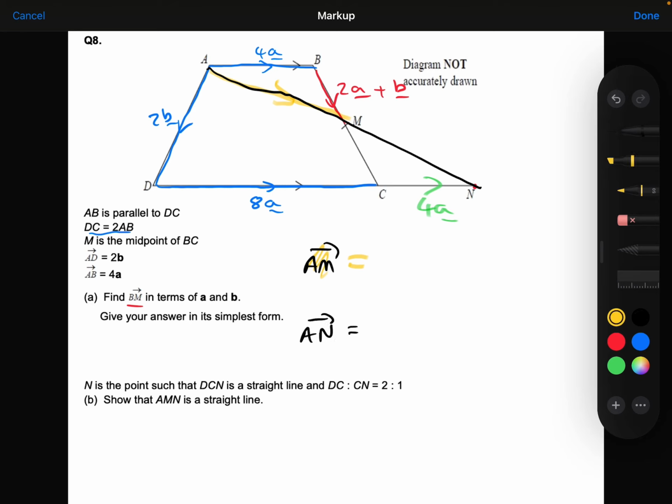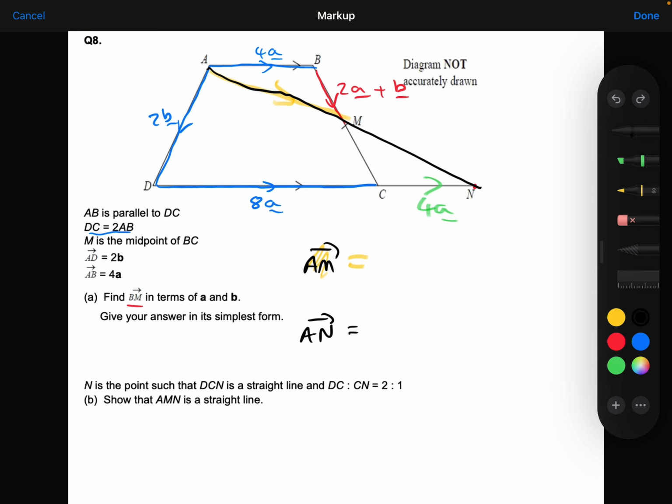If I can show that those two vectors are parallel, that will mean that the line AMN is a straight line.